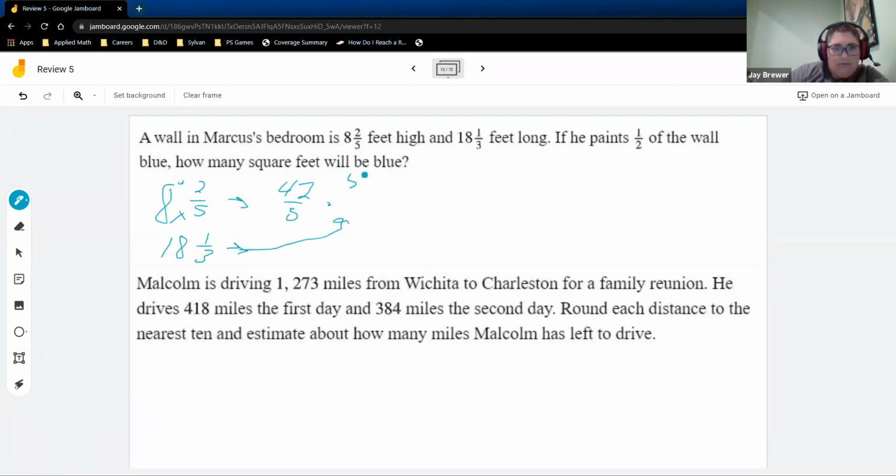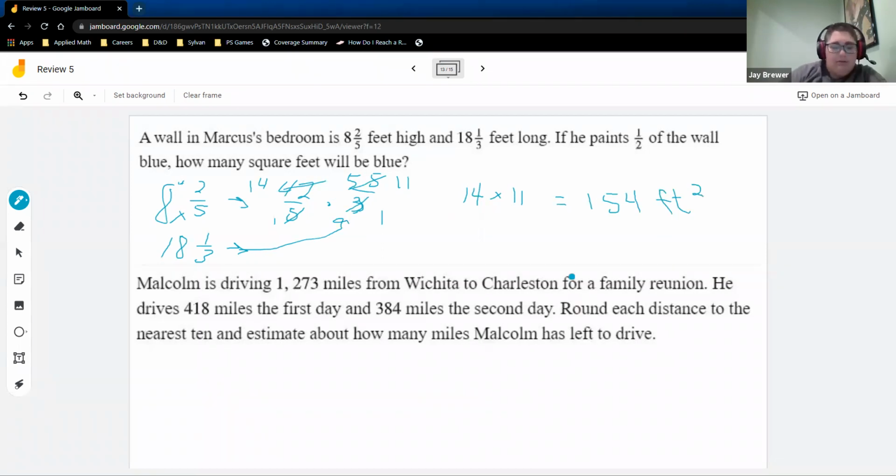55 over 3. What's really cool is these simplify. So 5 goes into 55 11 times, and 3 goes into 42 14 times. So we just have to take 14 times 11. That gets you 154 feet squared for our area of our wall.